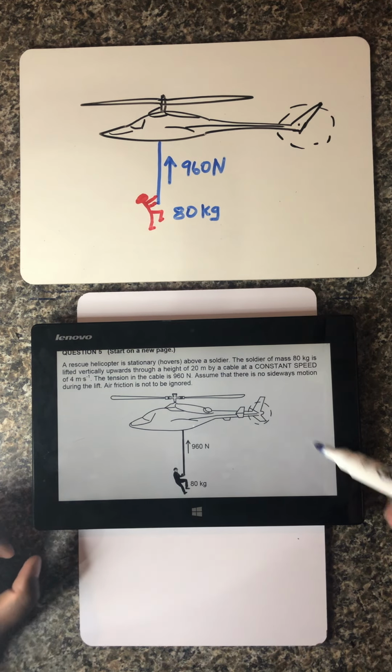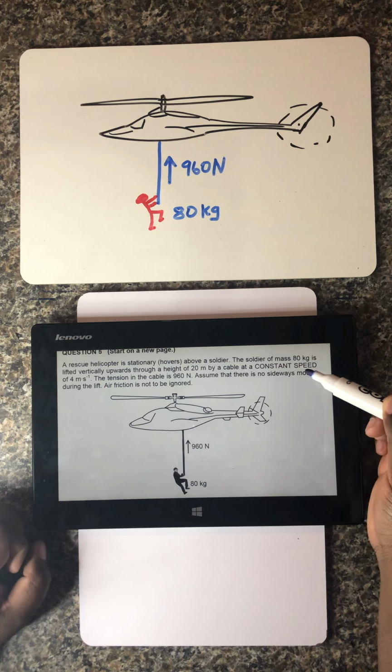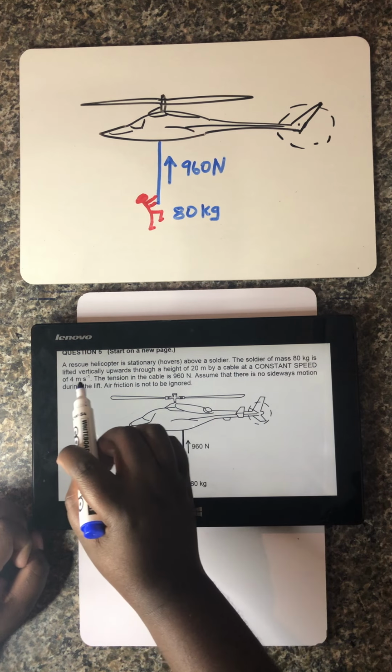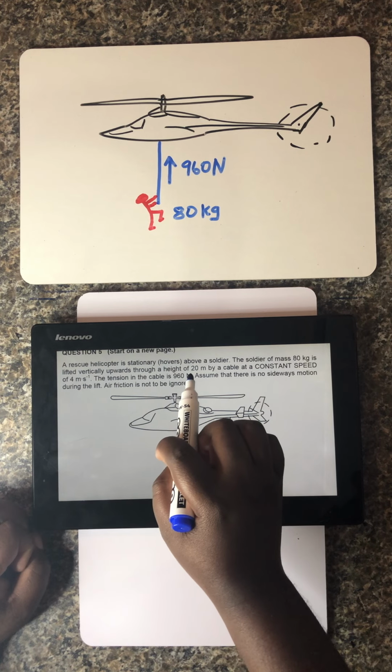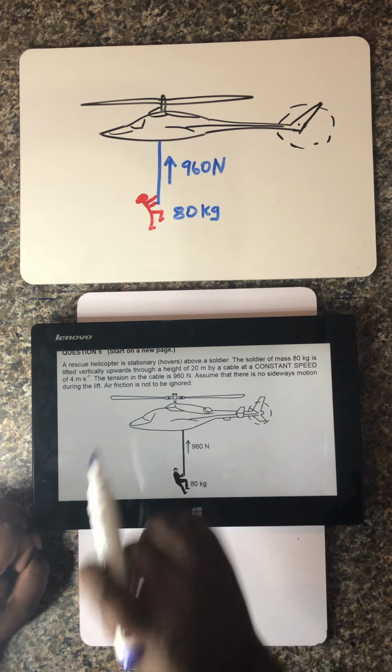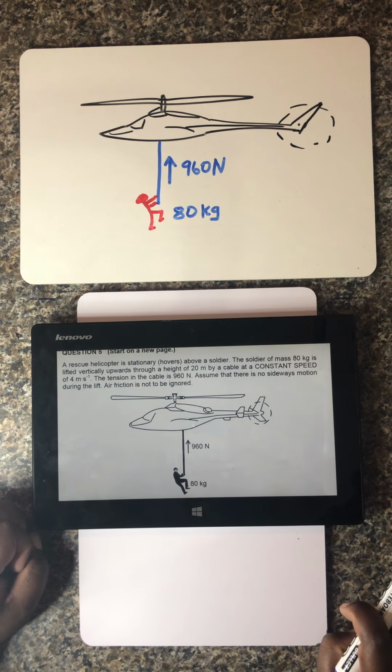They are saying a soldier of mass 80 kg is lifted vertically upwards through a height of 20 meters by a cable at a constant speed of 4 meters per second.